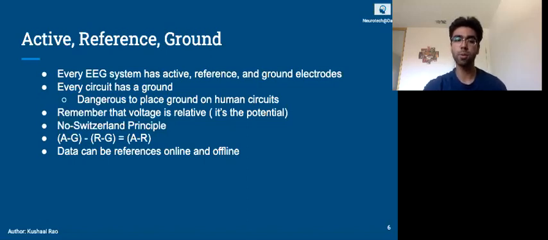There's another alternative where we can have an electrode on the subject, which is grounded to the earth, or which is connected to another circuit that's grounded to the earth. But that is dangerous if it isn't grounded properly, for obvious reasons.